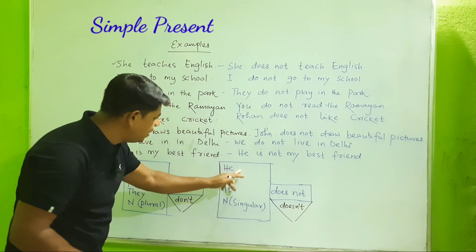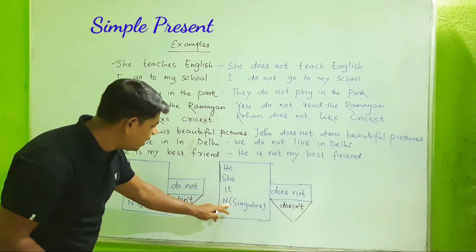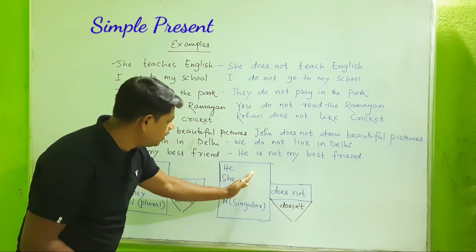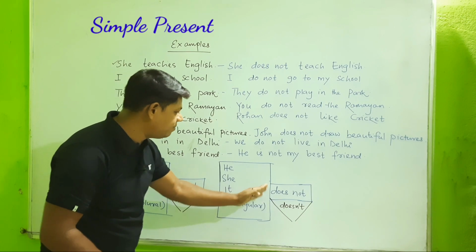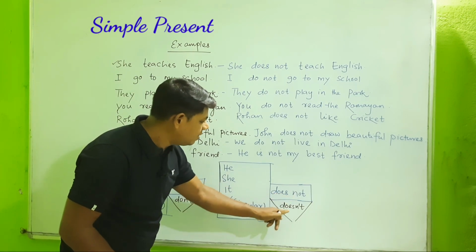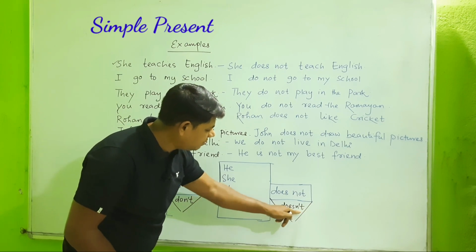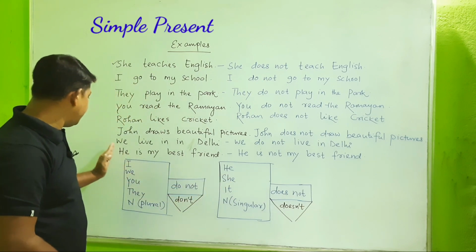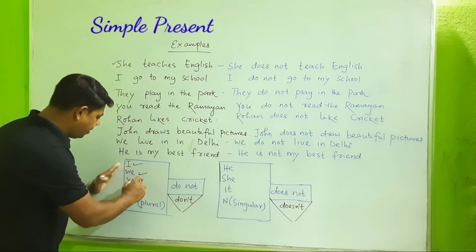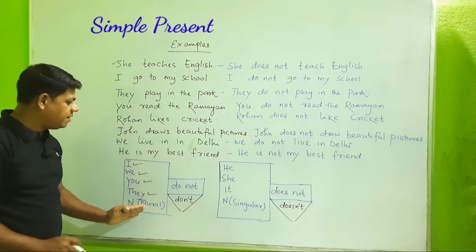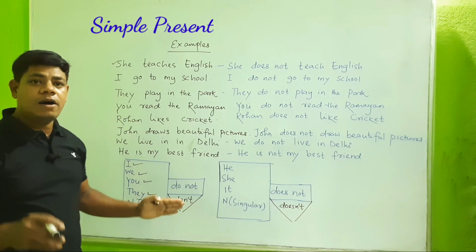You can see, for he, she, it, and a singular noun, when we turn the sentence into a negative sentence, you are going to write does not, or you can write doesn't. If the subject is I, we, you, they, or the subject is plural, you are going to write do not or don't.